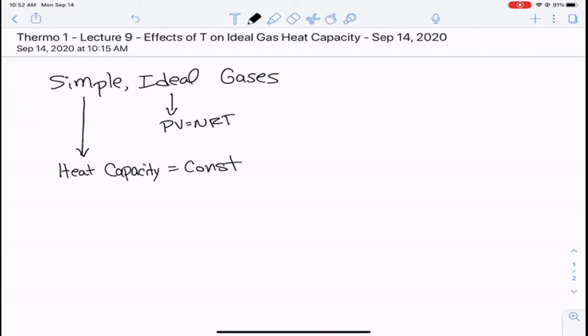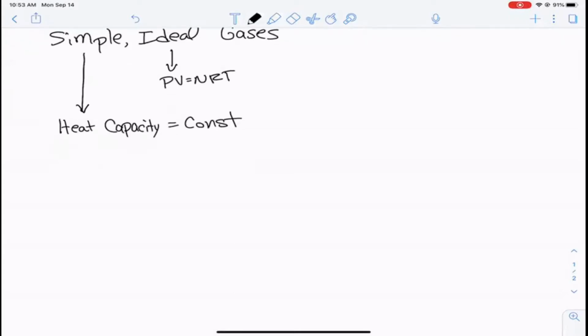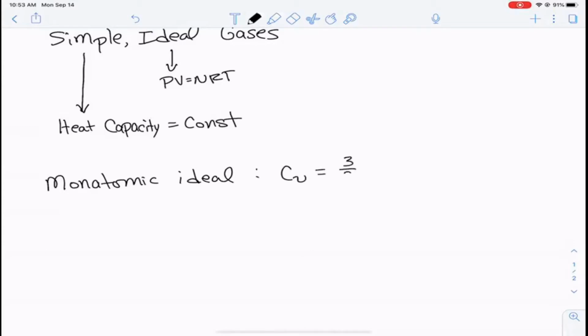And we took a little bit of time in a previous lecture to derive an expression for the constant volume heat capacity for a monatomic ideal gas, where we said that CV was equal to 3/2 R. We basically did that just by summing the kinetic energy of every molecule inside of an arbitrary sized box. And then I did a derivation, which showed that the constant pressure heat capacity is simply the constant volume heat capacity plus R.